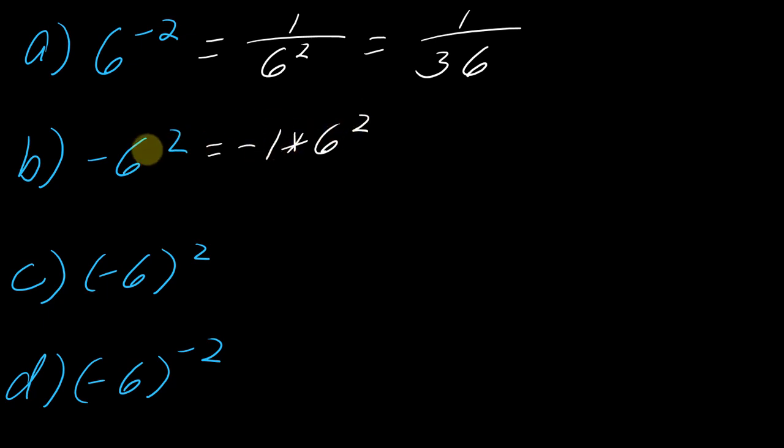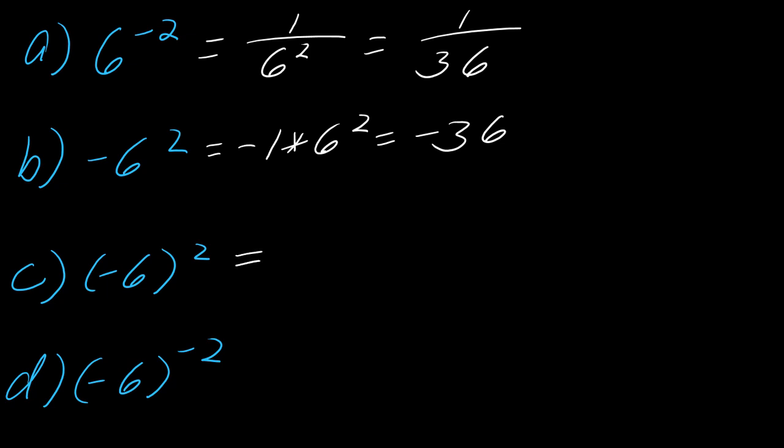By breaking up this problem into two pieces, I can really visualize it, and now I know how to evaluate this. What is 6 squared? It's 36. This would be negative 36. It's negative 36 not because we had a negative exponent, right? It's negative 36 because we had a negative number. Does that make sense?